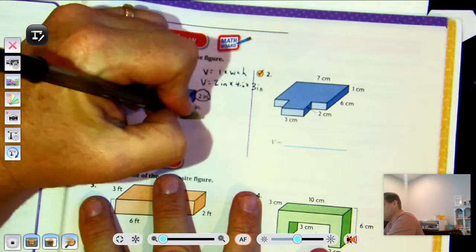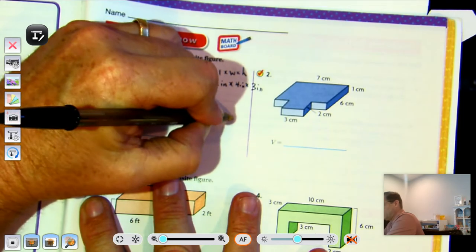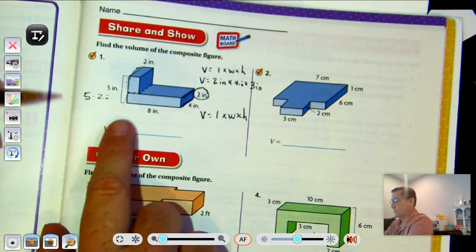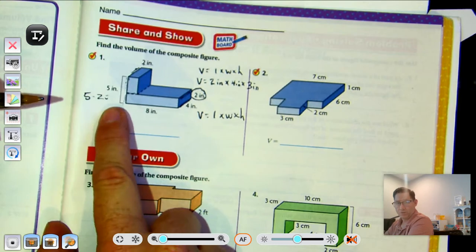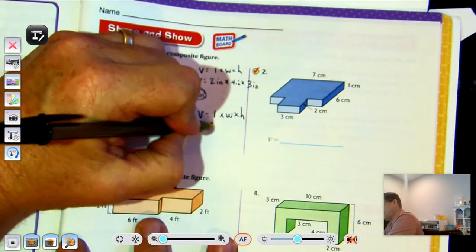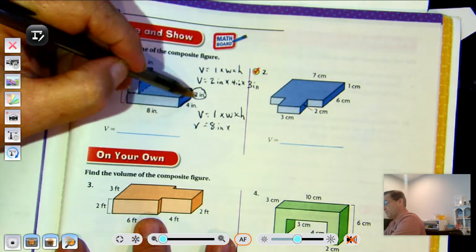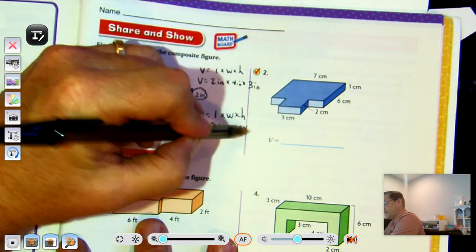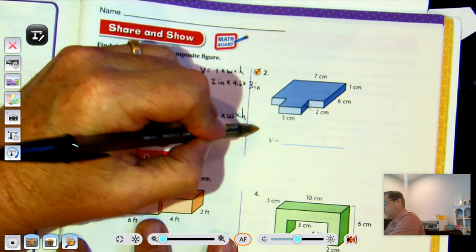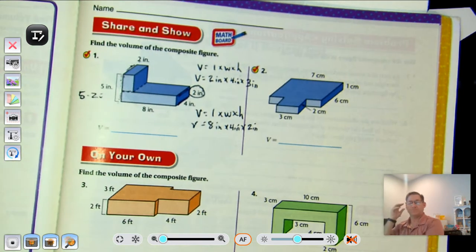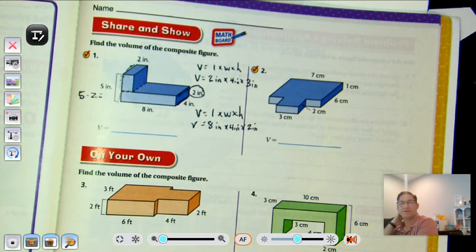All right, what's the volume of the second one? Well, the second one has a length of 8. We want the whole thing, so 8 inches. The width was 4. And the height is 2. Okay, so find the volume of each one.